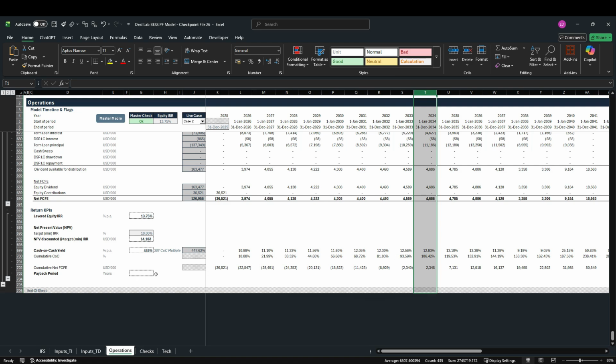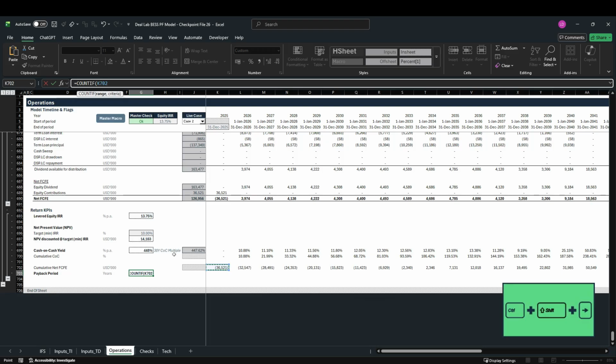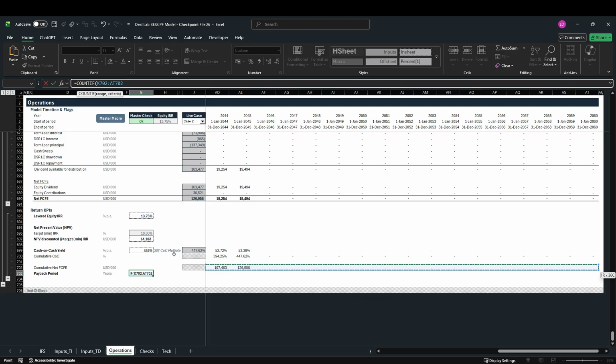And we can automate this by calculating our payback period right here. And what we'll do is use a COUNTIF function. Type COUNTIF. And we'll pick up our cumulative net free cash flow to equity row, this entire row here.